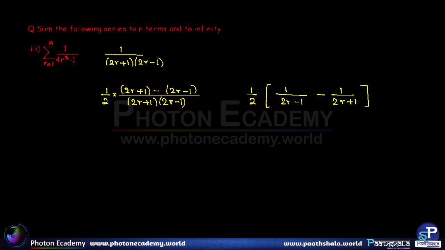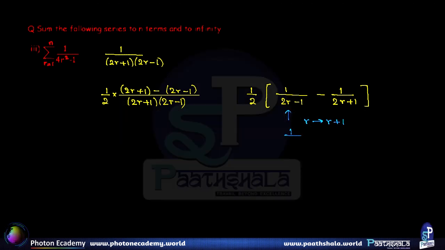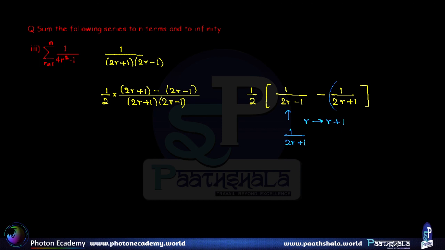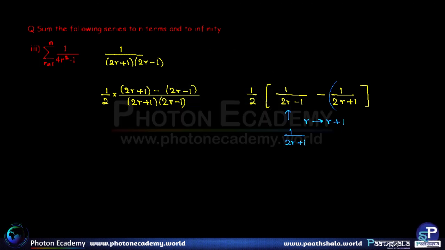Now if you observe this series, replace r by r plus 1 over here, and we will get 1 upon 2r plus 1. So basically all the terms in between will cancel each other out, and we are left with just the first and the last term. So our final answer will be 1 by 2.